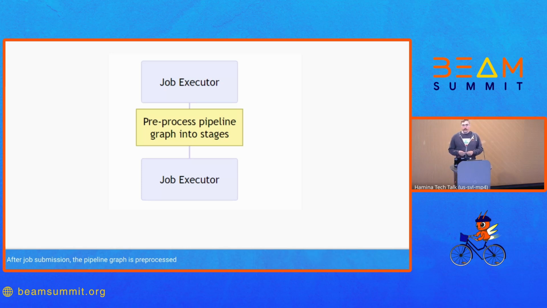So in the internal package, in what I call the job executor function, we first pre-process the pipeline into various stages. This is combining and fusing transforms together that are compatible in certain ways and can be executed simultaneously or in sequence.